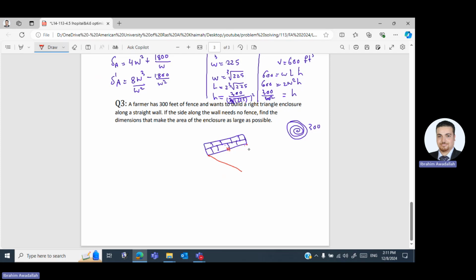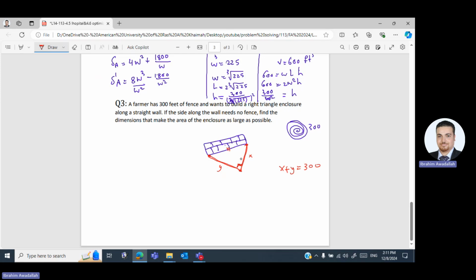So this will be like this, almost, this will be the right angle, because we know for the triangle, the opposite of the right angle will be the longest distance. So I will name this as X, this as Y. But we know here the fence is from here to here and from here to here, so X plus Y should equal 300.